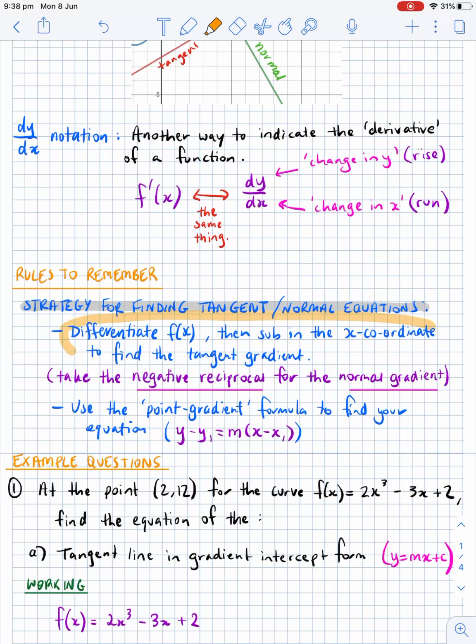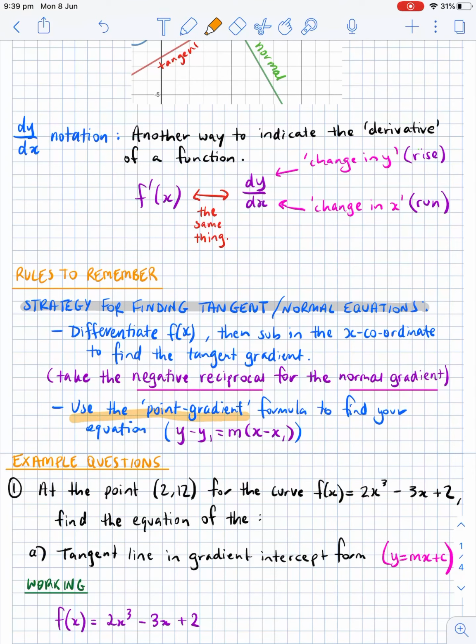So this step is all about finding the gradient that you want. If you want the tangent's gradient, you've got it straight up by substituting the x coordinate in. If you want the normal gradient, you need to take the negative reciprocal of the tangent gradient.